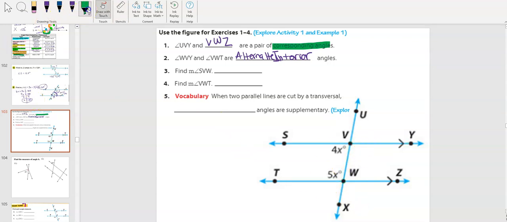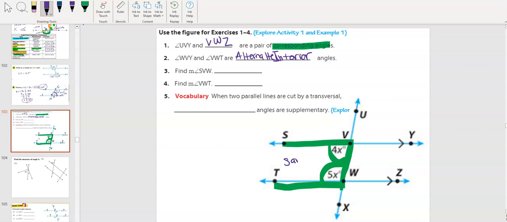Okay, now we're going to get into something a little bit trickier. They want to know the measurement of SVW, which is 4x, and the measurement of VWT, which is 5x. Again, these are same side interior angles, so I know they add to 180 degrees. So I'm just going to add them together and make them equal 180 degrees.